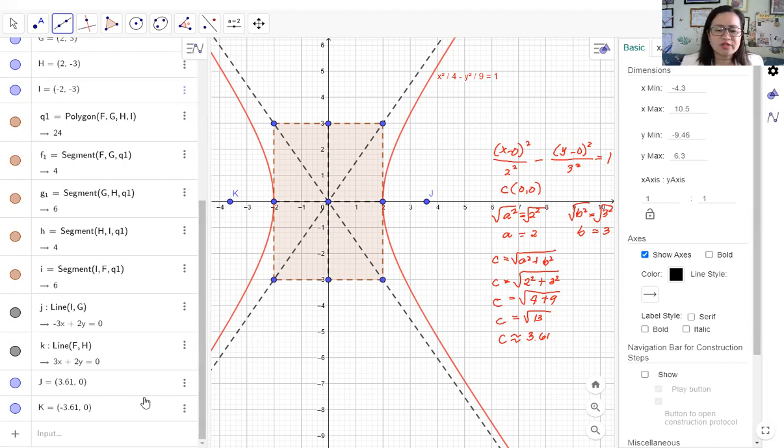Now what's next to do is to get the latus rectum. Take note that the length of the latus rectum is given by the expression 2b squared over a.